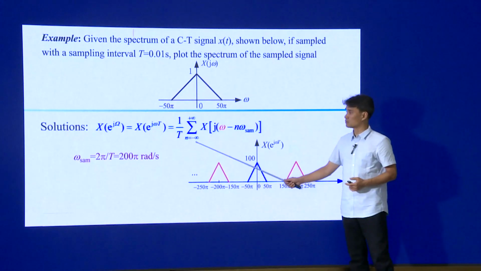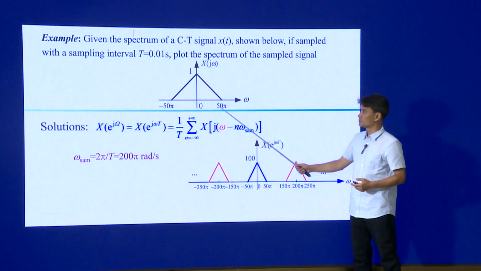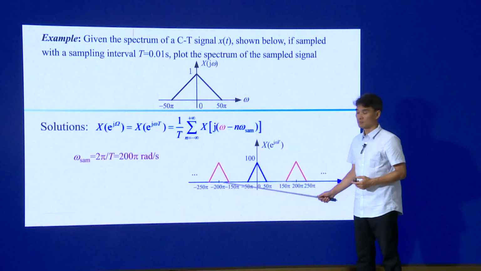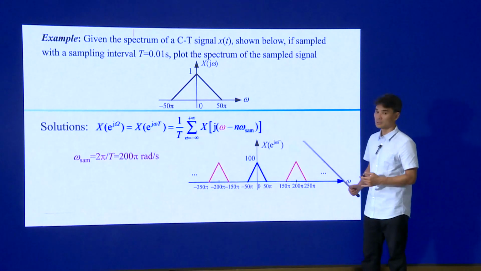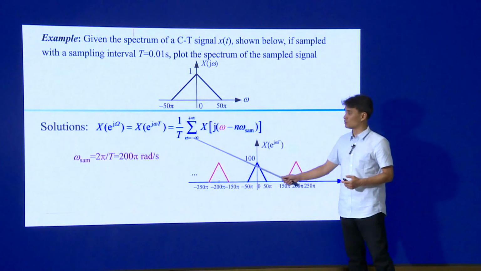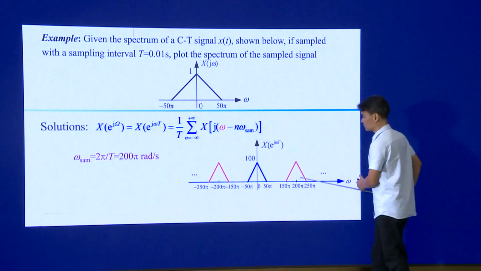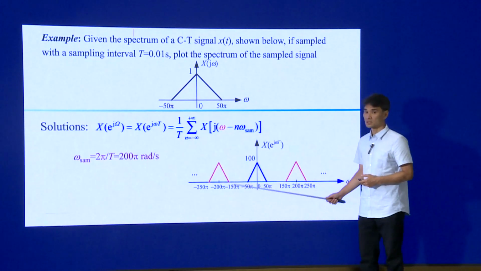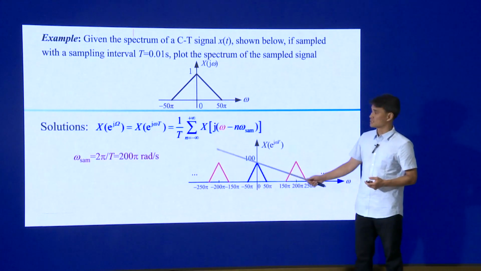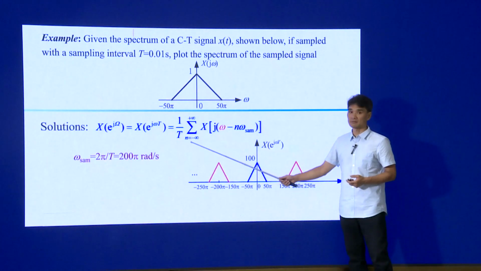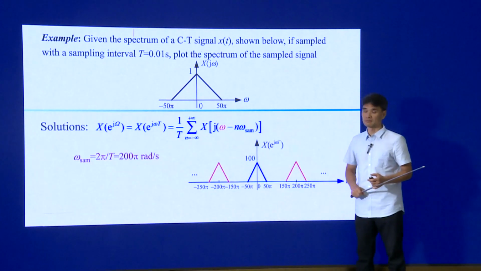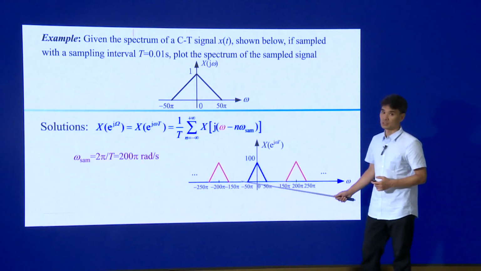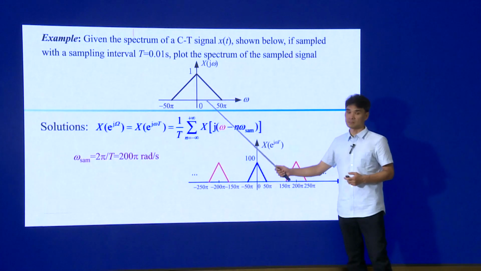And if n equal to negative 1, you have to shift this spectrum towards your left by the unit of omega sam. And when n equal to 2, you have to shift it by 2 units of omega sam, or the other way around. You can do this so on and so forth, since n changes from negative infinity to positive infinity. So this is the periodization of the original signal's spectrum.